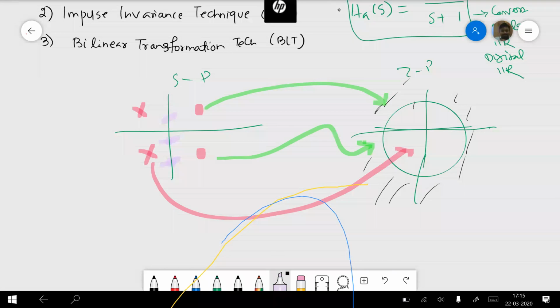When this analog IIR gets converted, these poles present on the j omega axis have to map on this circumference, on the unit circle. Understood? So this may take any value from here or here or here. They should not map inside the unit circle nor outside the unit circle, but on the unit circle. Now understand?